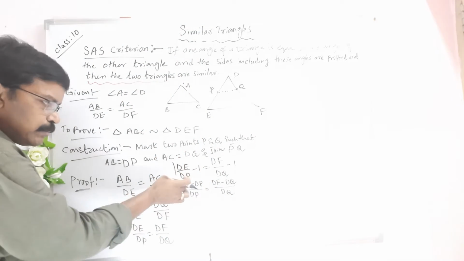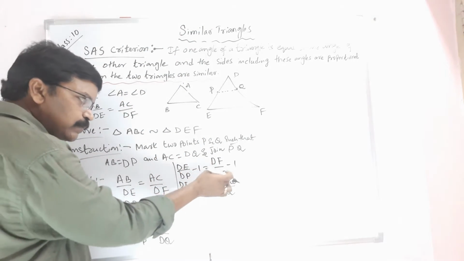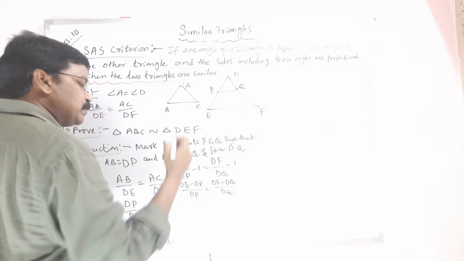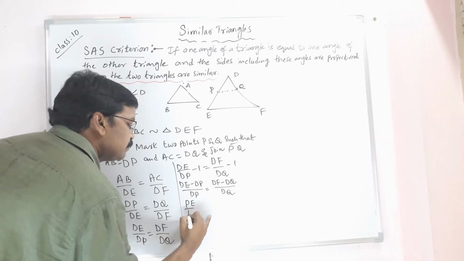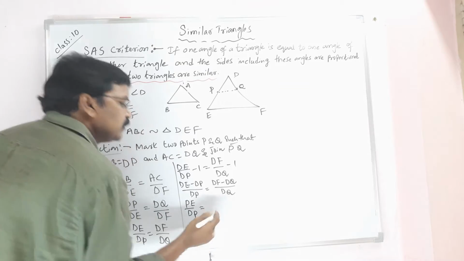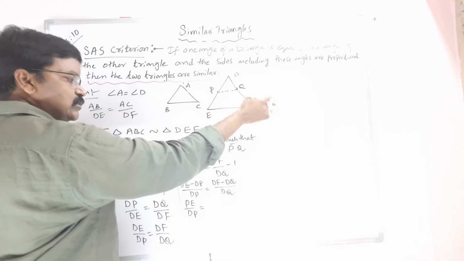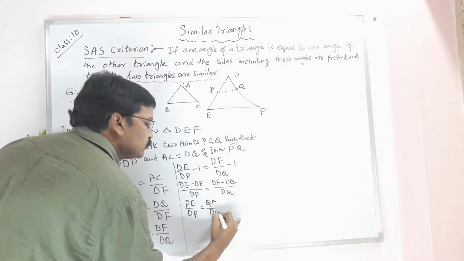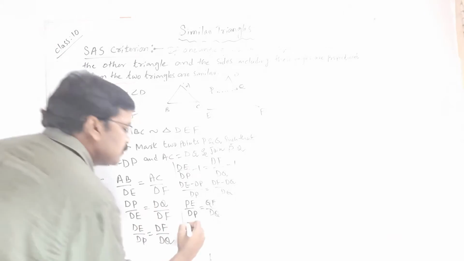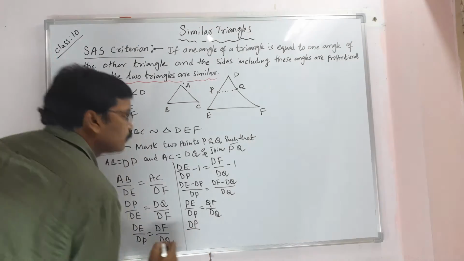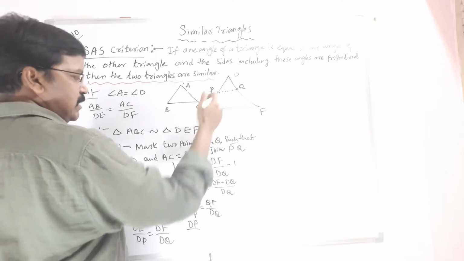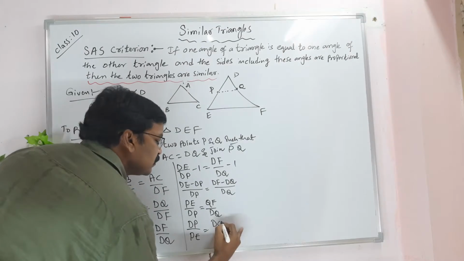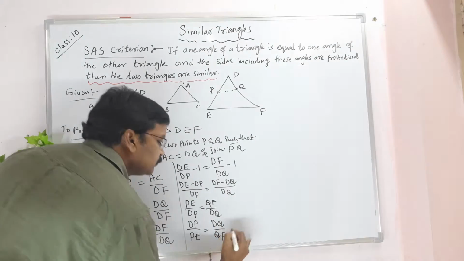My dear students, what is DE minus DP? That is PE. So PE by DP is equal to, what is DF minus DQ? That is QF, QF by DQ. Again make it reverse: DP by PE is equal to DQ by QF.